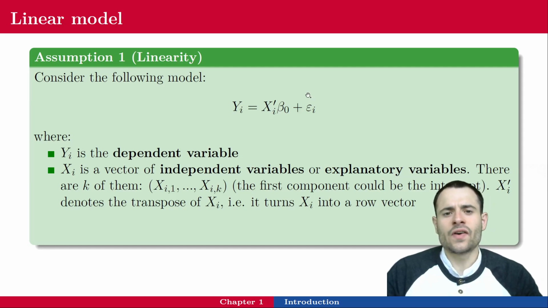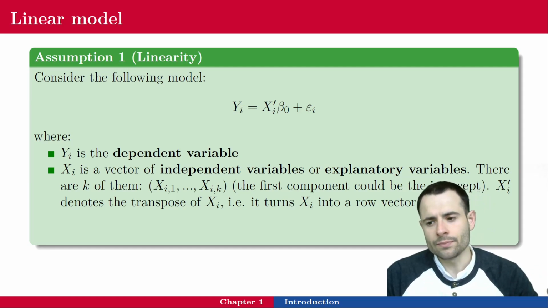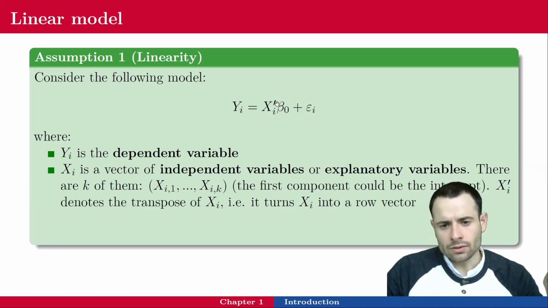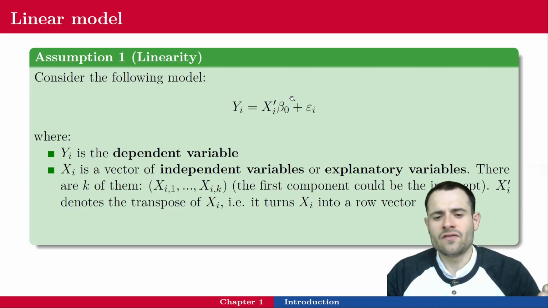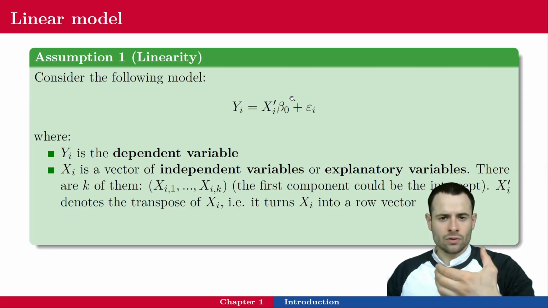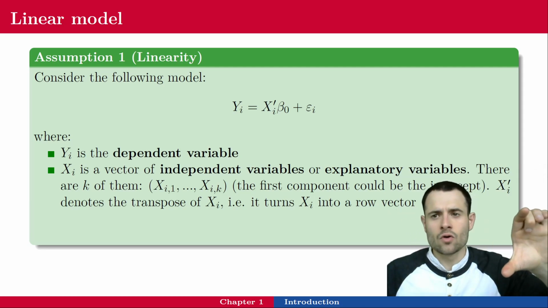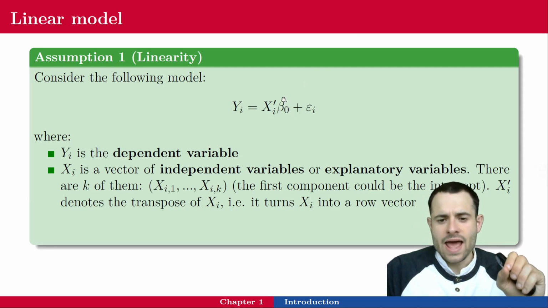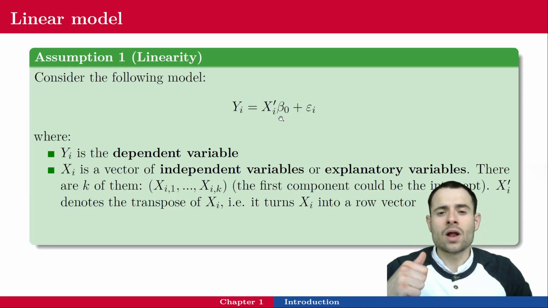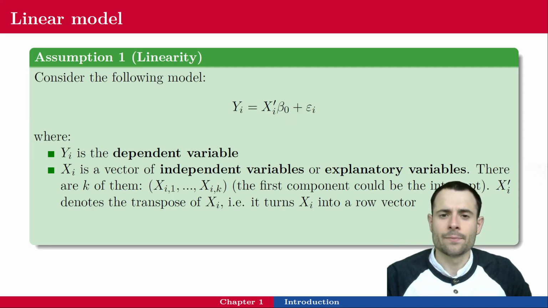I take all of these variables into a column vector, and the prime here is not a derivative. It represents the transpose of a vector. My vector is vertical. The prime is going to turn the vector into a horizontal vector, a row vector, and when I multiply this vector by a vector of betas, here beta 0 contains beta 1, beta 2, beta 3, beta 4, all the way to beta k.